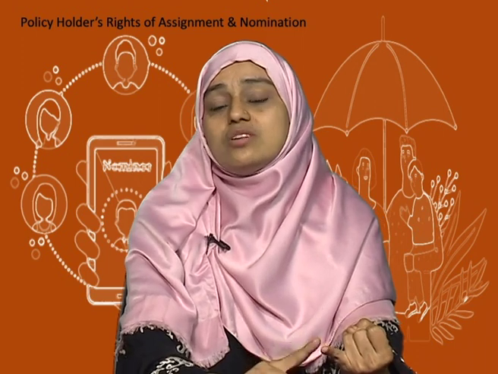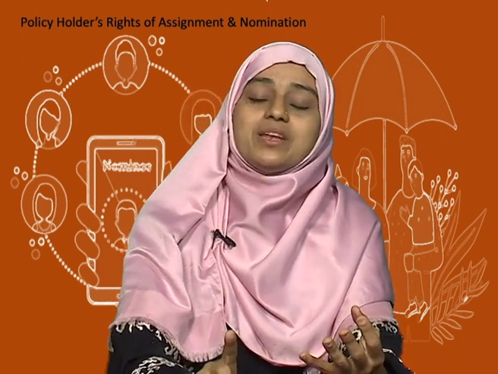The person assured therefore becomes the person insured. So whoever is the person to whom the assignment was happening, which is called the assignee, that particular person will become the insured. So it changes the ownership but does not change the risk associated. All risks associated are the same.